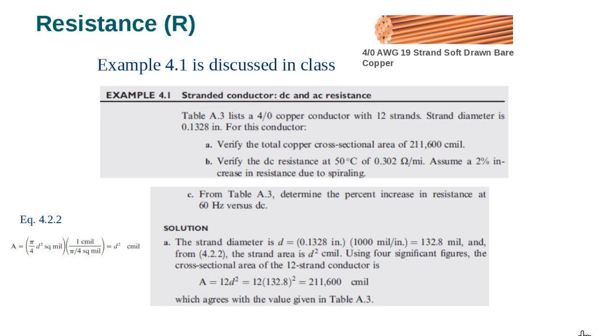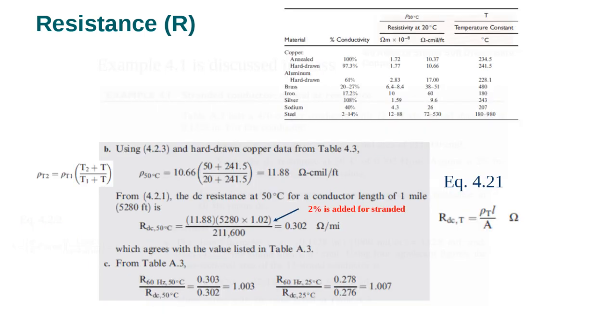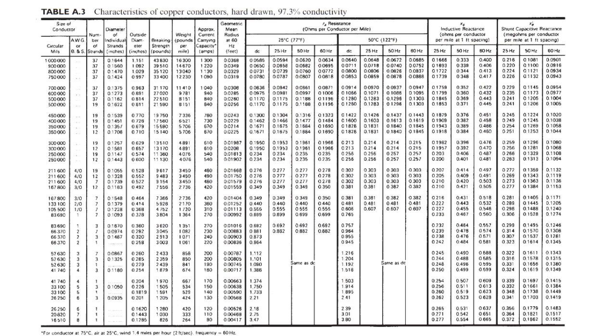Let us look at this 4/0. I would like you to, this will also be in the exam, by the way. You will be given this table here. So you need to know how to search the information and solve the problem. Now, it has 4/0, so you look in here, American wire gauge.